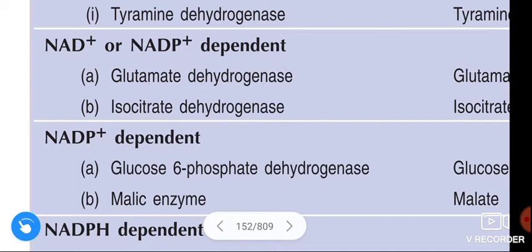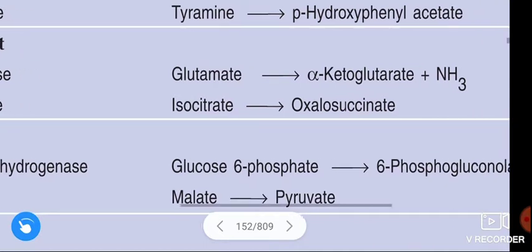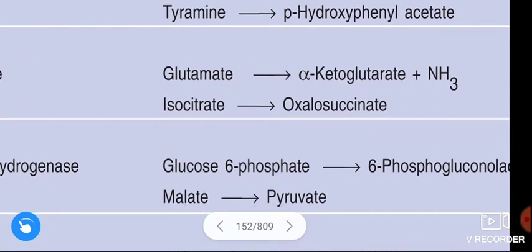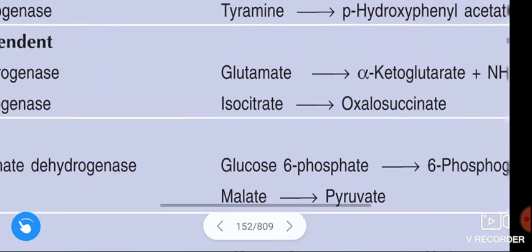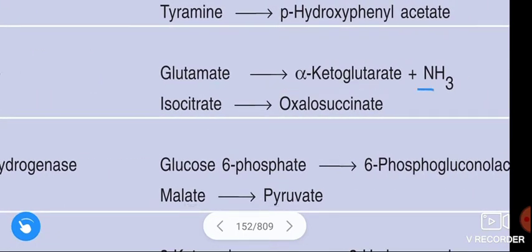See first glutamate dehydrogenase. Glutamate dehydrogenase helps in conversion of glutamate to alpha ketoglutarate plus NH3.